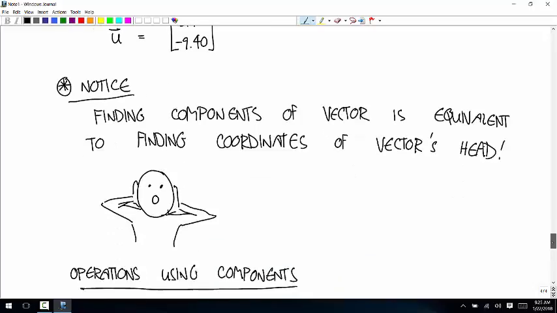Finding the components of a vector is exactly the same thing as putting the vector's tail at the origin and then finding the coordinates of the vector's head. And that's something you've done a million times. So if you think about it that way, it's not new at all.